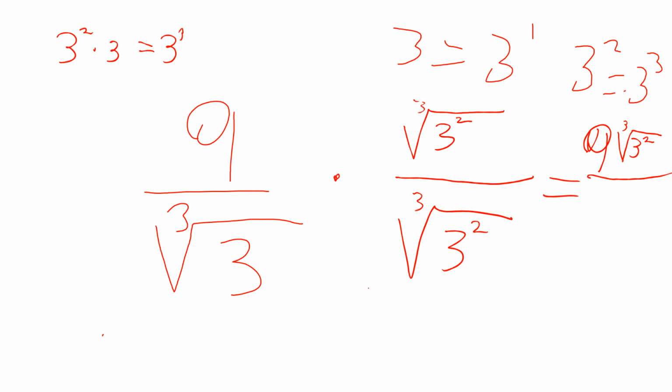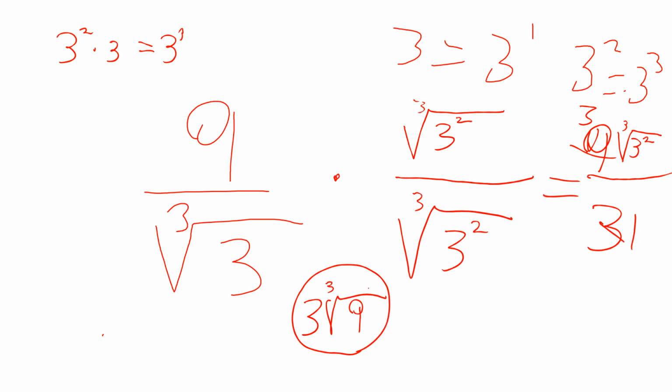The cube root of 3 cubed is just 3. We can pull out a common factor here, 3. And now our final answer is 3 times the cube root of 3 squared, since 9 over 3 is 3. Now we know how to rationalize the denominator.